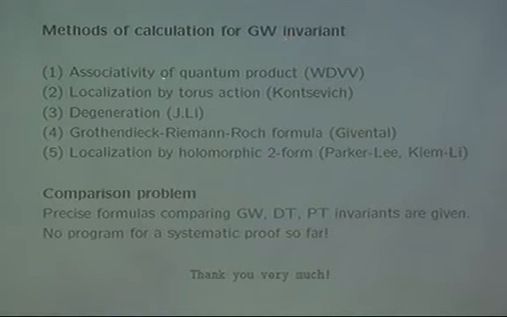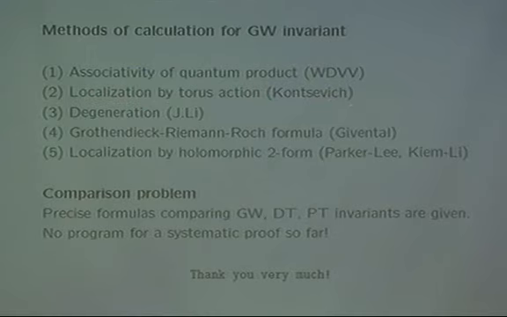And the methods for calculating these invariants are the following. Just after so many papers, there are only 5 methods. The first method is something called the Witten-Dijkgraaf-Verlinde formula. It's just associativity of quantum product. And the second method is the most powerful method so far, localization by torus action. It was first introduced by Kontsevich, and that's the way he solved this problem that we mentioned before.